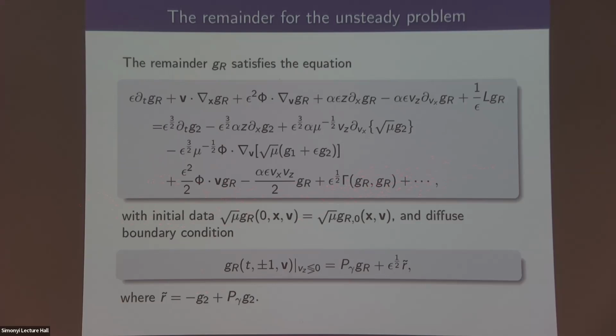It's gamma of GR, GR, where that's the remainder, and you have the linear operator over here with a 1 over epsilon L GR, and then you have all these crazy terms over it. And you have the initial data again, and then the boundary condition for the remainder becomes a diffuse part, and there's an extra part away from the diffuse part.